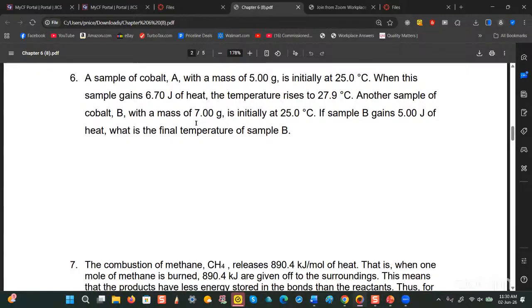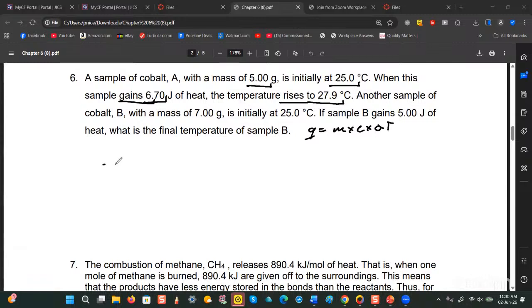So based on the information provided, in the case of sample A, you're given the mass, the initial temperature, and the amount of heat, and it says that the temperature rises to 27.9. So we can use this equation to find the specific heat of the cobalt.